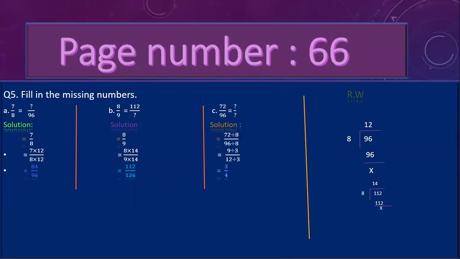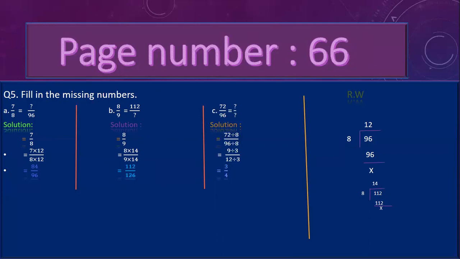Come to the next part. 8 over 9 is equal to 112. Again, one hint is given on the right hand side, which is 112, and the whole fraction 8 over 9 is given on the other side. So first we divide 112 with 8.